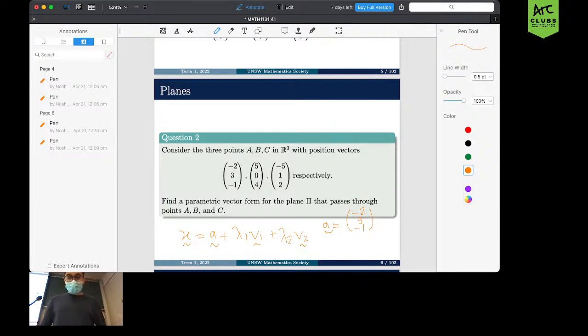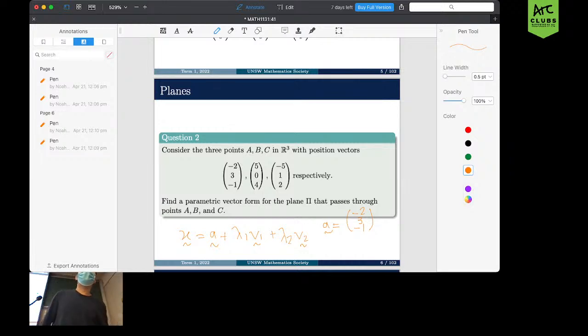And now, like I said before, vectors v1 and v2 are the direction vectors of the plane. They are parallel to the plane, but they can't be parallel to each other. Now, can someone tell me one possibility for vector v1, for example? Yes? AC. Yeah, AC. Can someone tell me another possibility?